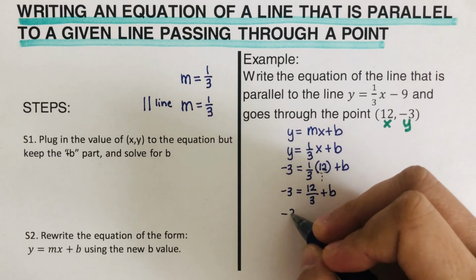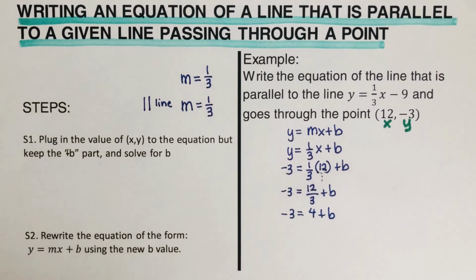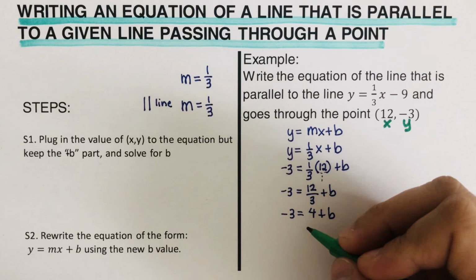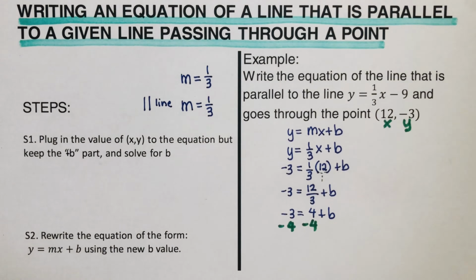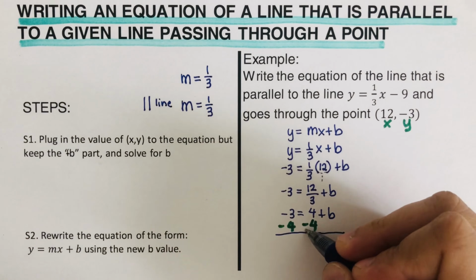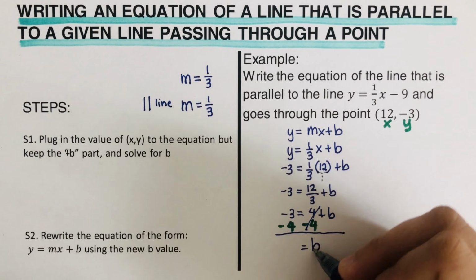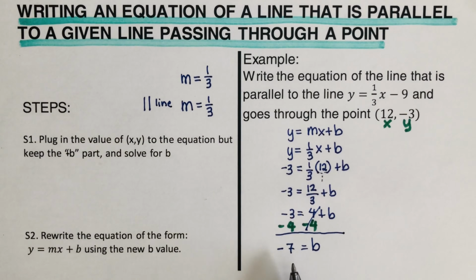So this is -3 equals 4 plus b. Now we want b by itself, so we are going to subtract 4 from both sides, so -4 and -4. So then we can cross this out, and our b, or the y-intercept, is -7. So that's the first step.